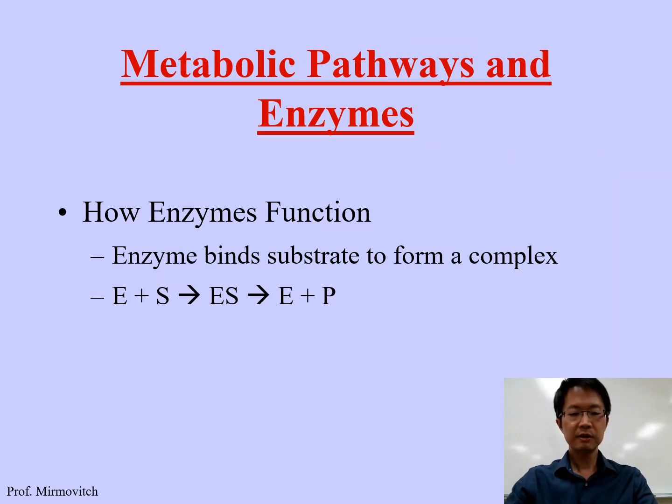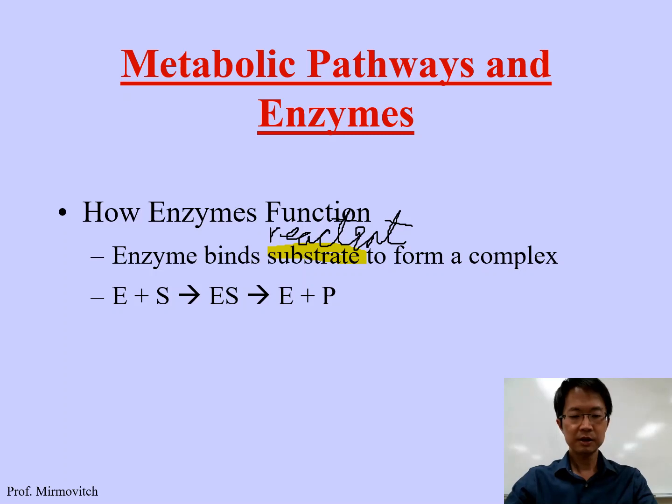So exactly how they function, enzyme will bind with substrate. Okay, what is substrate? Substrate is basically the reactant. We talk about reactant all the time, and then it suddenly changed to substrate, so it may confuse some of you. Substrate is basically reactant, to form a complex.